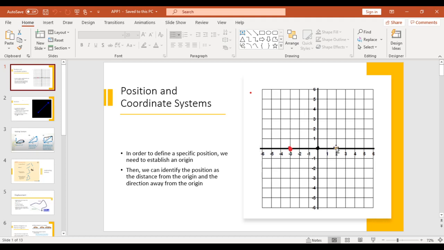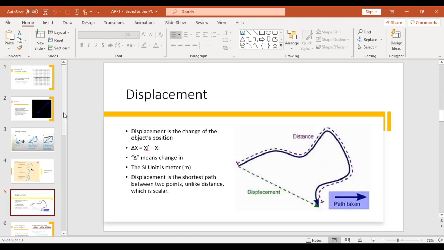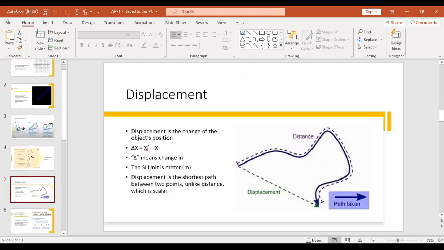So the yellow dot is our final position, which is 2, minus our initial position, which is -3, which would equal -5, right? So from there, what we also know is that displacement is measured in meters.